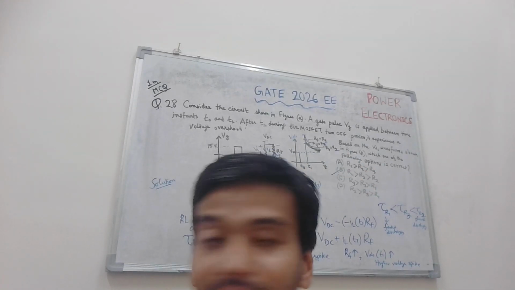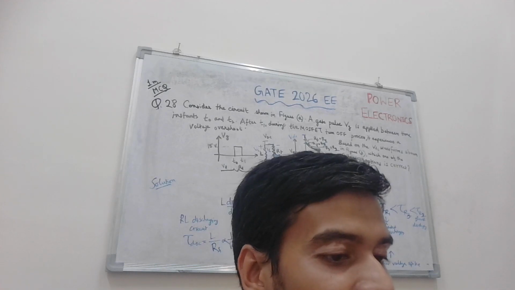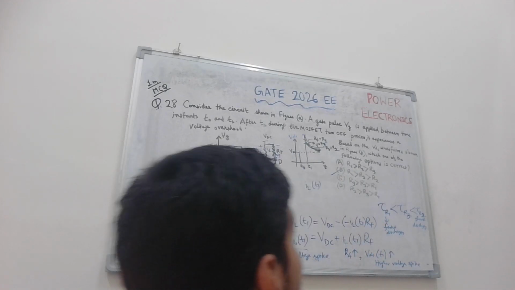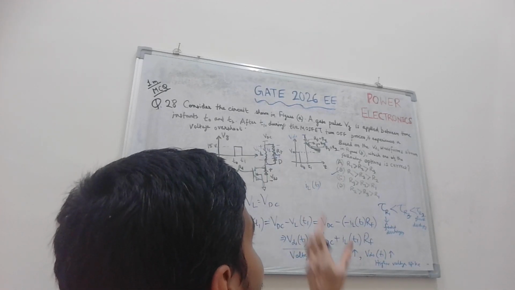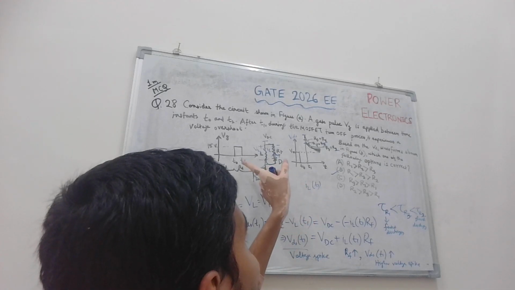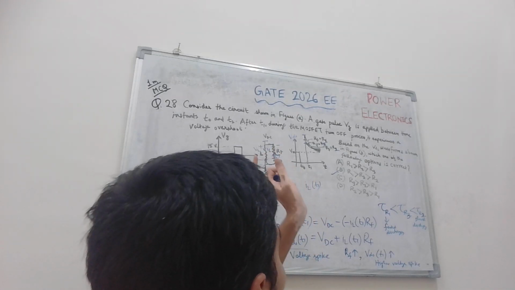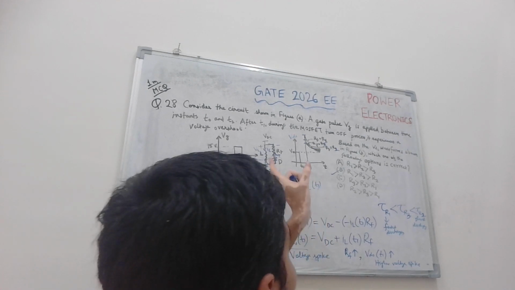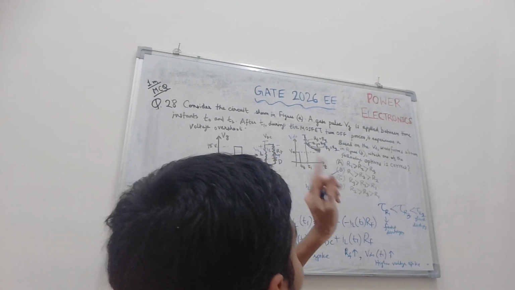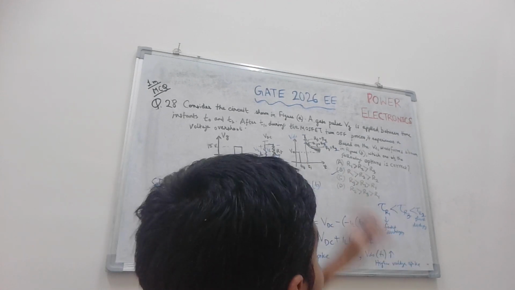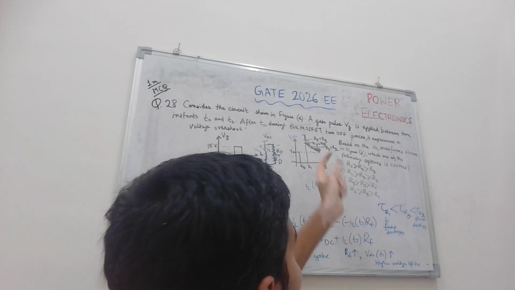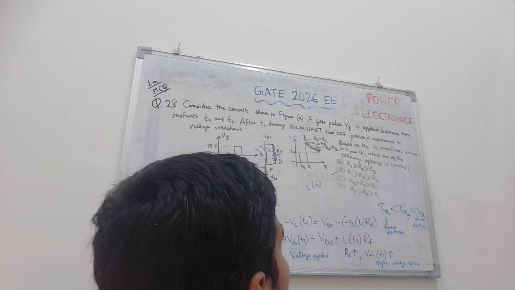So I have analyzed the entire working of the MOSFET circuit in detail. Between T0 and T1, when the gate pulse is given, the MOSFET acts as a closed switch and the inductor charges. Then when the gate pulse is removed at T1, the inductor discharges through RF, so there is a voltage spike across the MOSFET.